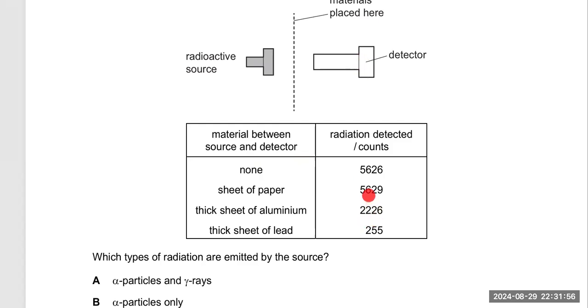It means more than half of the radiation is stopped by the aluminium sheet, and the rest of the radiation comes out and is detected by the detector. When you place the thick sheet of lead, the detector again detects 255 radiation. So you have to identify which types of radiations are coming out from the source.